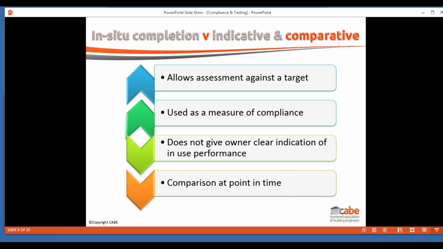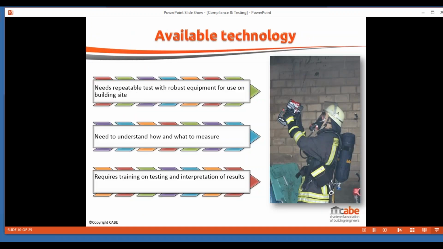So one of the limitations we have on the ability to test is actually the technology that's available. So we need something as a test that is repeatable and will give consistent results with robust equipment that we can use on a building site. Now, the illustration here is obviously a firefighter using thermal imaging equipment.